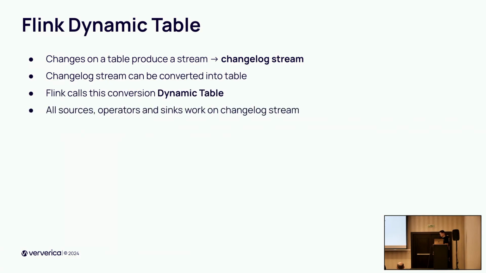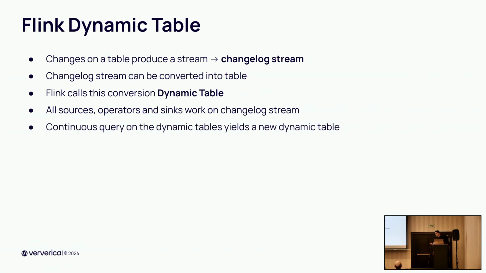And all the operations in Flink, like sources, map, filter, group by, sink, work on this changelog stream. And you can run SQL queries on top of the dynamic table, which is called continuous queries. They are never ending, and the results will be updated to reflect any change in your input data.